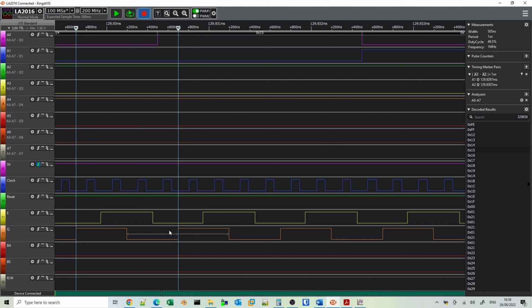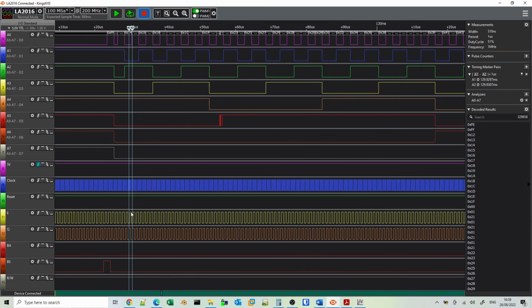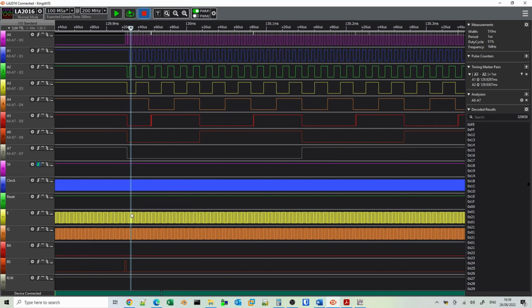You can see here that it's 1 microsecond, but they're about a quarter of a cycle out of phase. What this indicates to us is that if we want to trigger our logic analyzer to see when to start collecting signals when the processor comes out of the reset state, then looking for a rising signal on the bus status would actually be quite a good way of doing this.